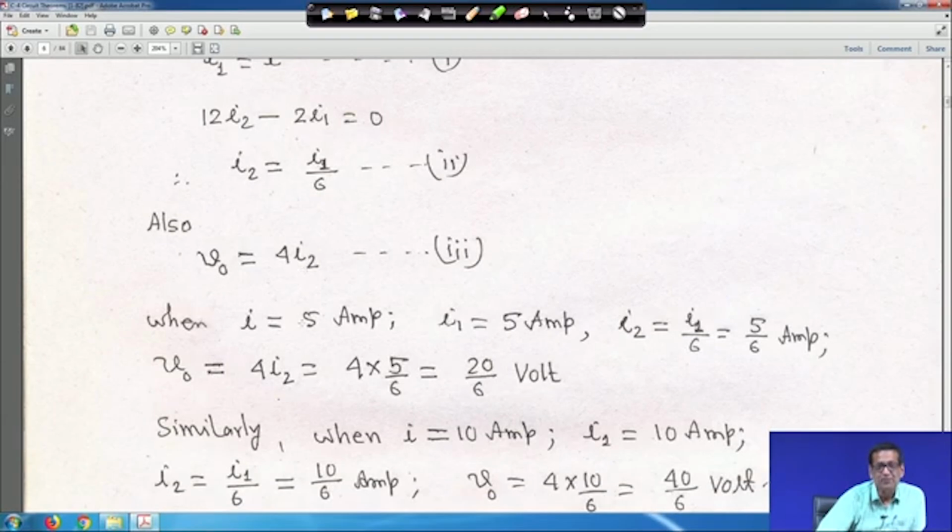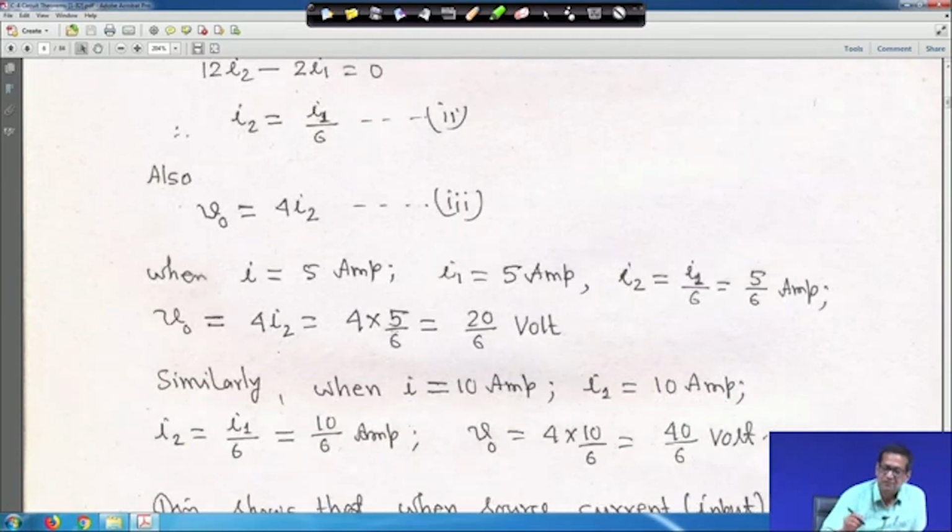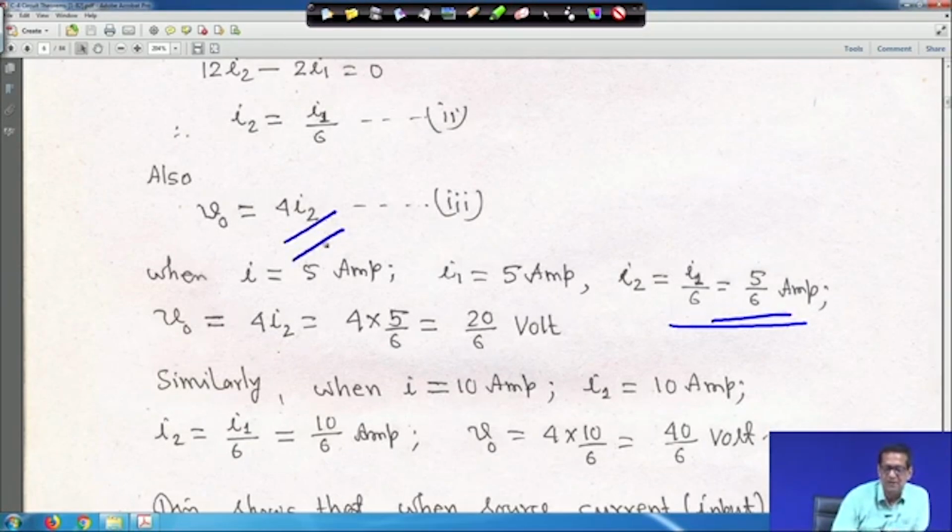When I is equal to 5 ampere, I1 also is 5 ampere, since I is equal to I1. Therefore I2 is equal to I1 by 6, which is 5 by 6 ampere, and V0 is 4 I2, which is 20 by 6 volt.